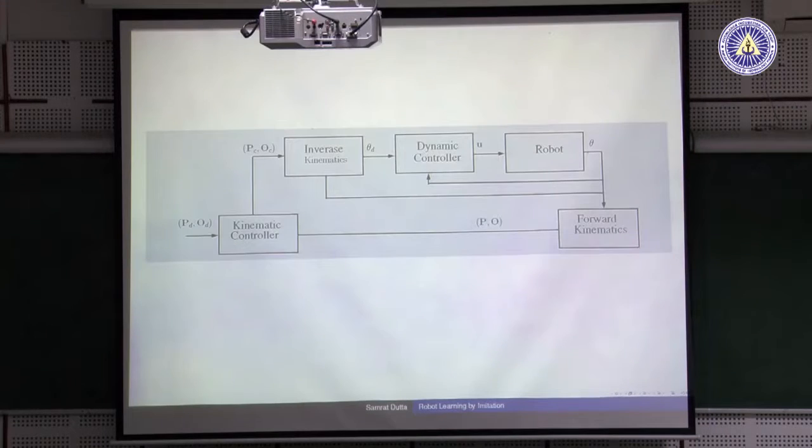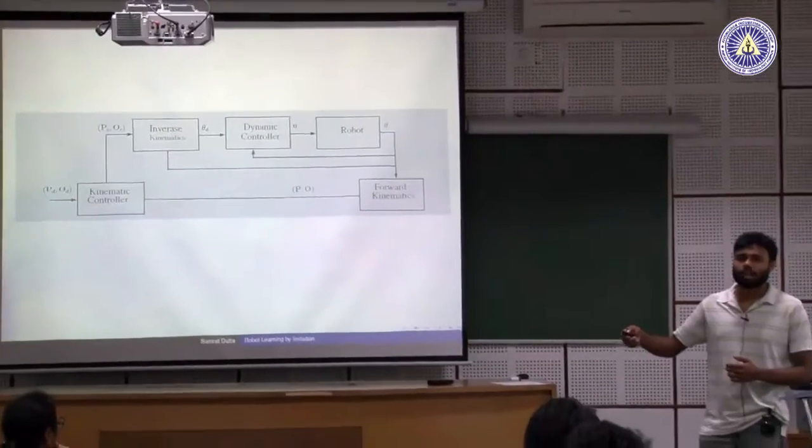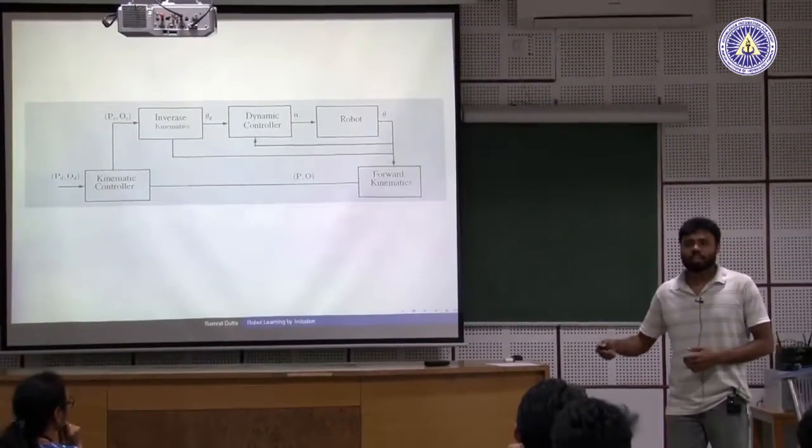Anyways, this is a learning control architecture of a robotic system, where this is our robot, and the robot generally works in the Cartesian workspace. When we pick and place one object, we do it in the Cartesian space.